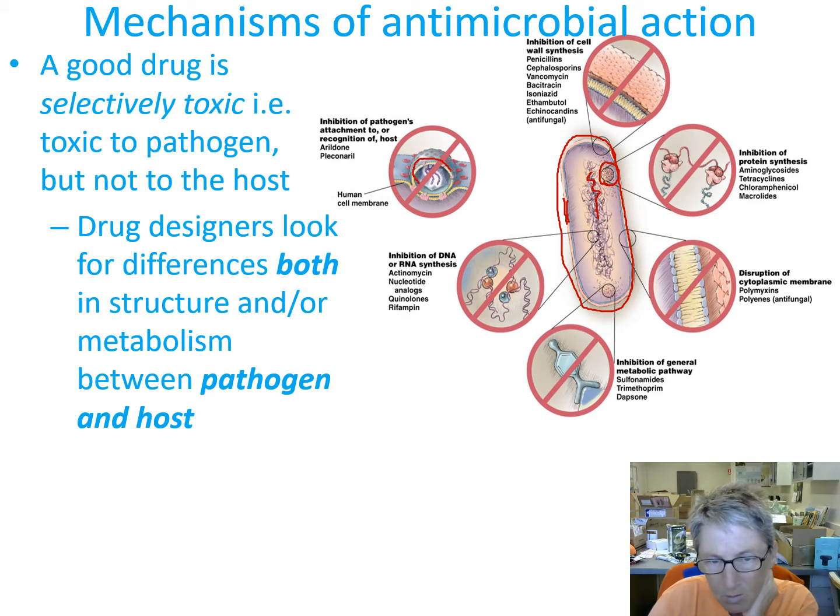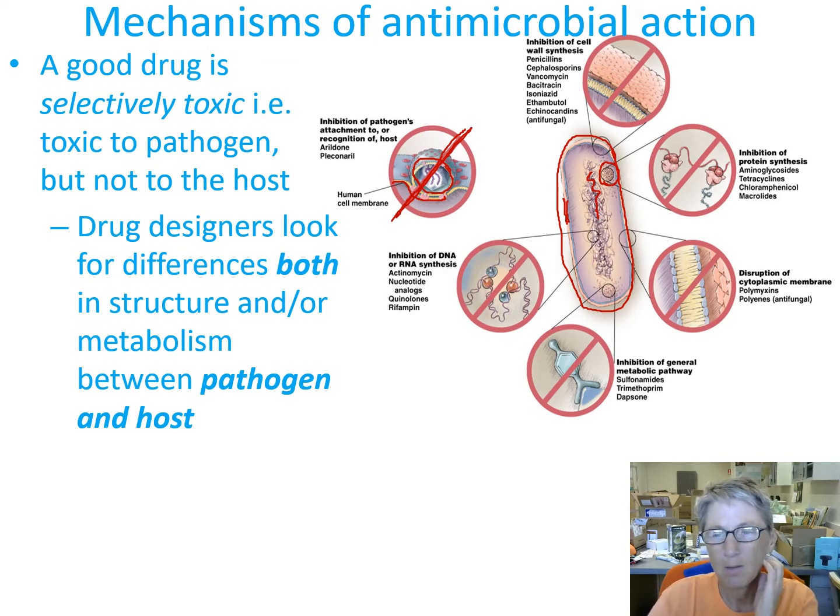Here, this is an enveloped virus, and it's using proteins to recognize the host cell. So here's the host cell plasma membrane. You could design a drug, put a slash through, that would inhibit the attachment of the pathogen to the host.